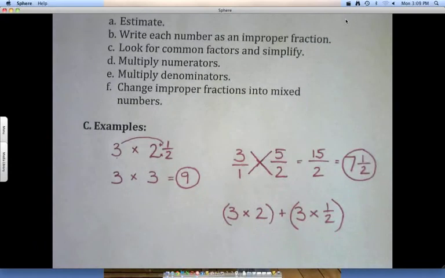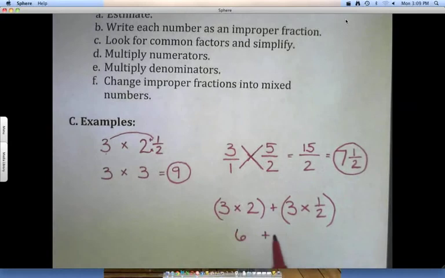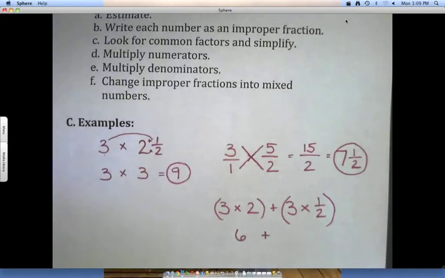So if I were to do this, my 3 times 2 is 6, and now I have to do my 3 times 1/2, and remember my 3 is 3 over 1, so if I multiply straight across I have 3 halves, and 3 halves as a mixed number is 1 and 1/2.